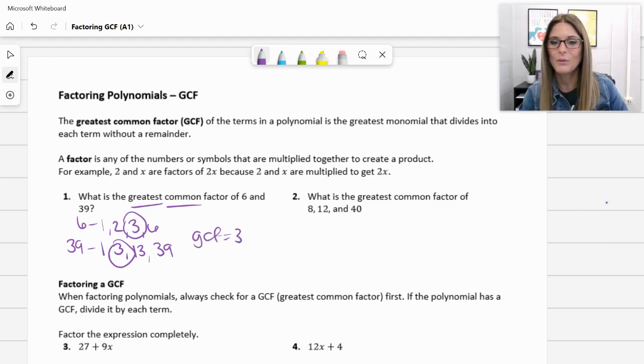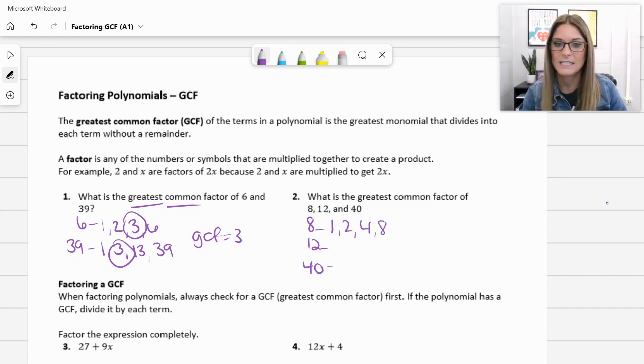Let's look at number 2. What's the greatest common factor of 8, 12, and 40? I'm going to do the same thing. I'm going to list them all out so we can visually see what their greatest common factor is. Factors of 8: 1, 2, 4, and 8.